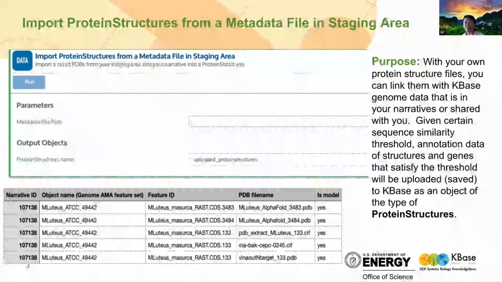And also you can specify inside that genome which genes you want to look at to associate with which of your structure files. The last column will specify, is it a model? And then you put in this input, and the interface inside a KBase narrative is very simple.